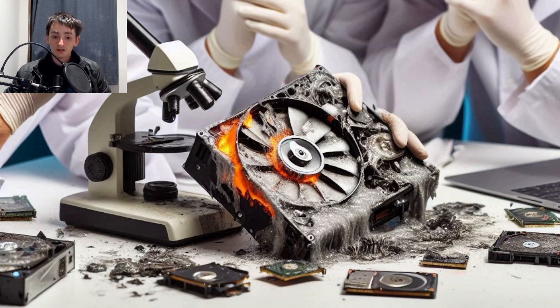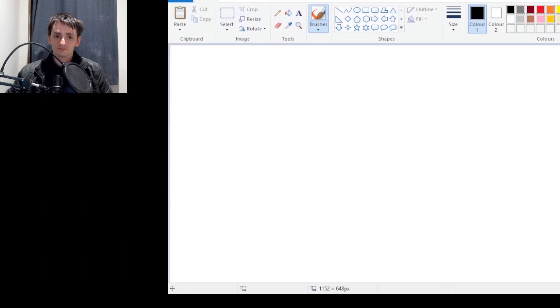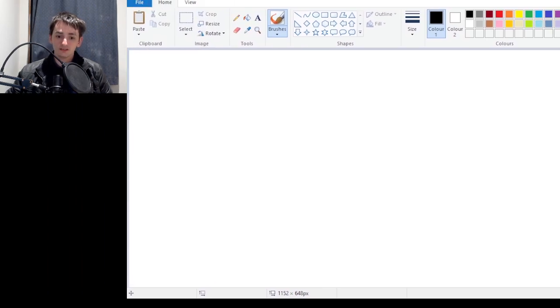So I showed you something awful, something that you wish you didn't see. Where's my paint? Let's put that to the right so you can see it, and then let's open up paint, which is pretty much binary.